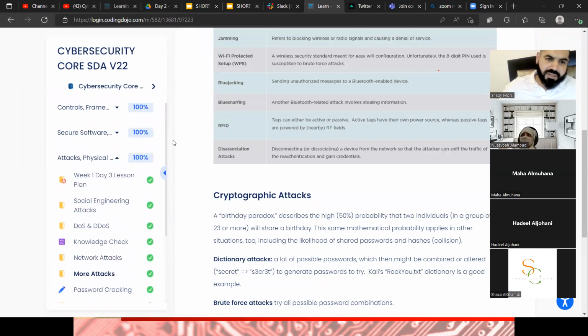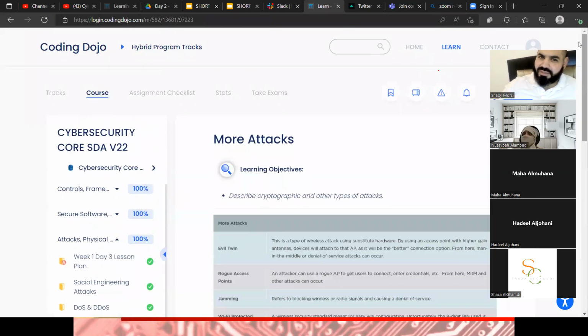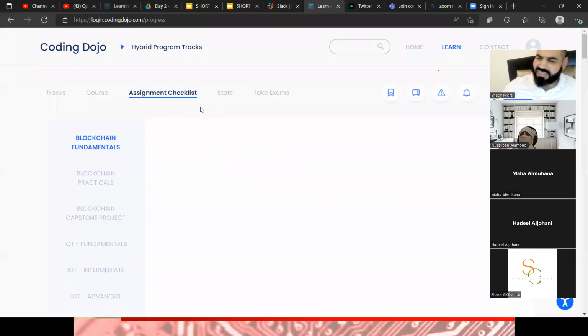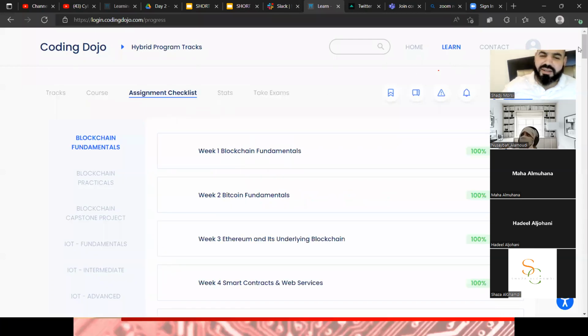At the top. Move the mouse up a bit. Yeah, there. It's the assignment checklist, in the main menu. It's a bit slow.